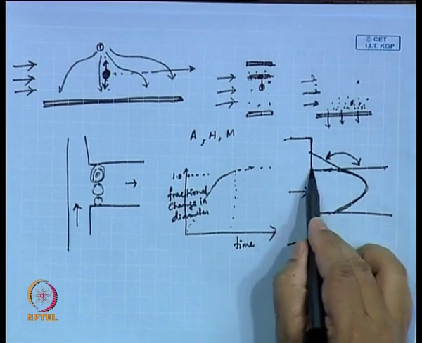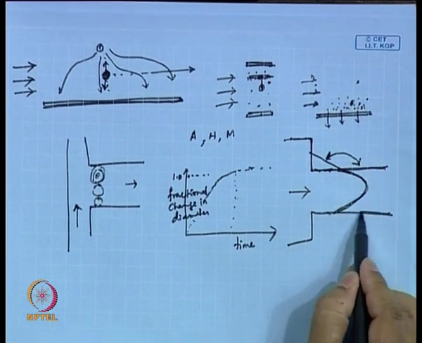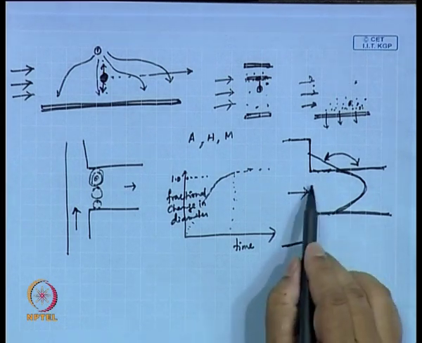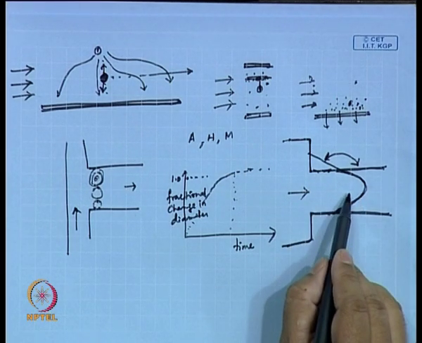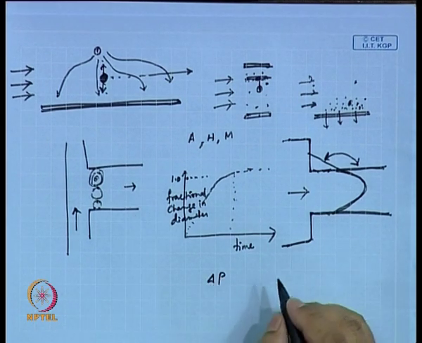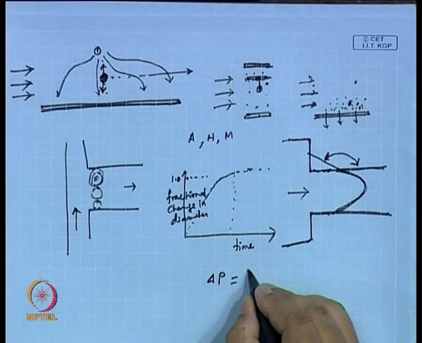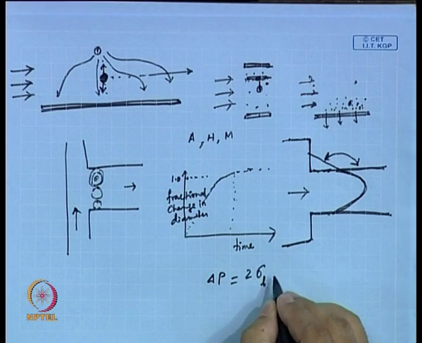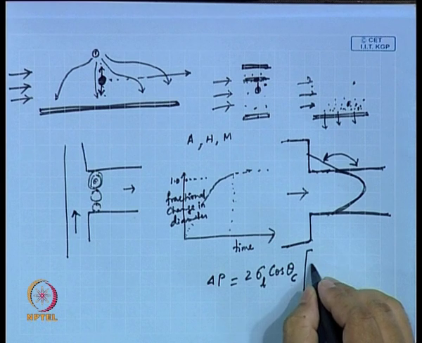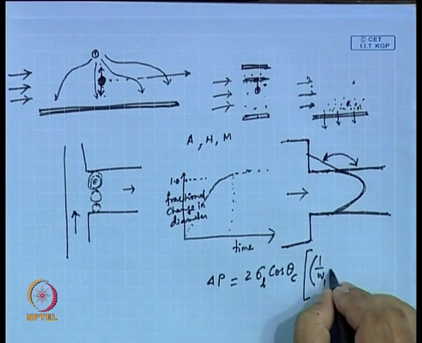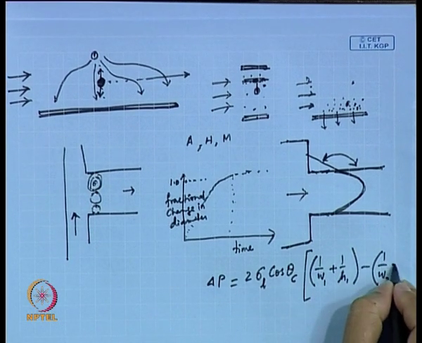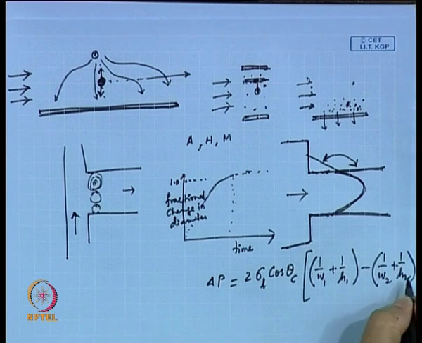So, this was the original channel and you are pushing the liquid through this channel. In that case the delta P, the pressure difference that you have to provide, is given as 2 sigma L cos theta c into (1/W1 + 1/H1 - 1/W2 + 1/H2).